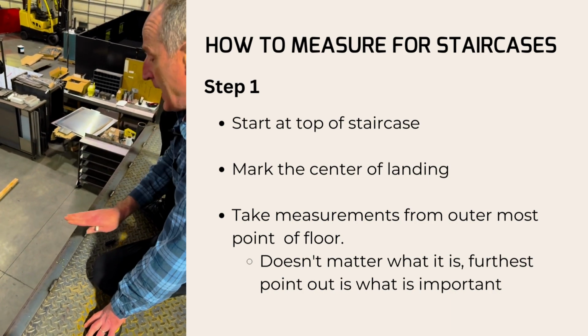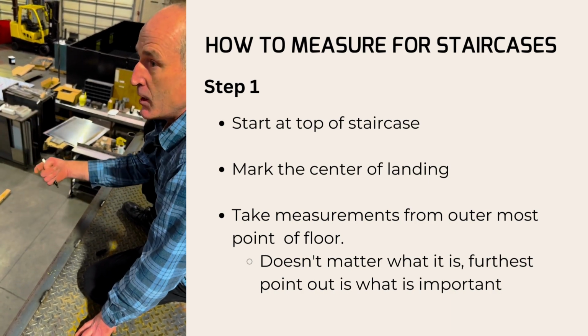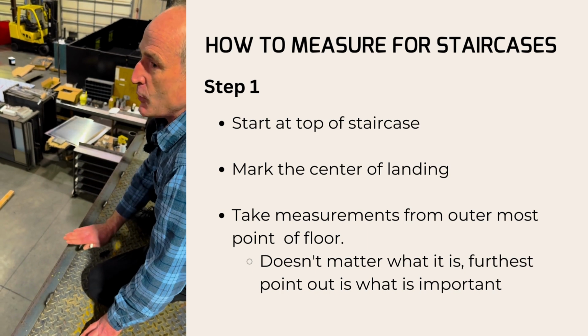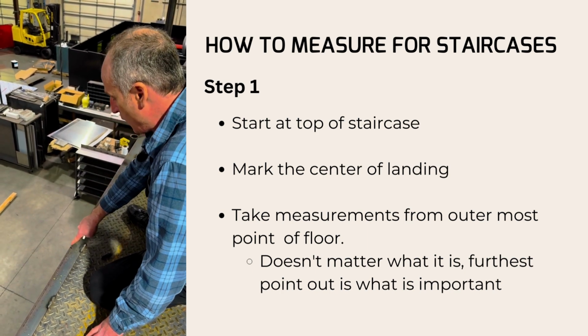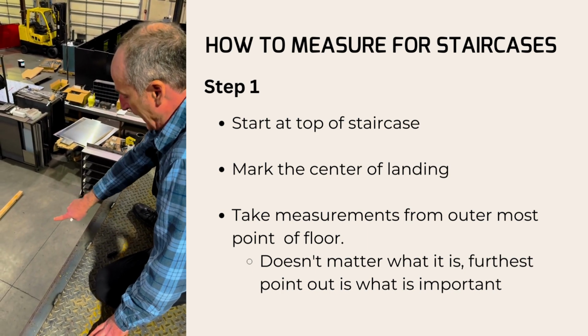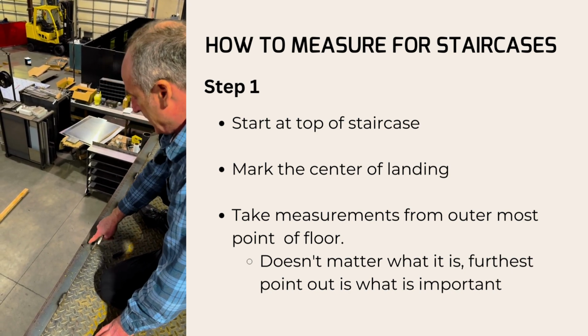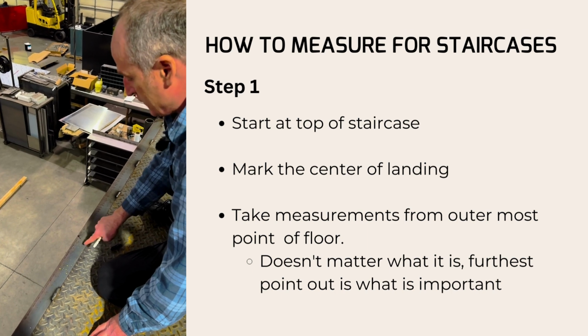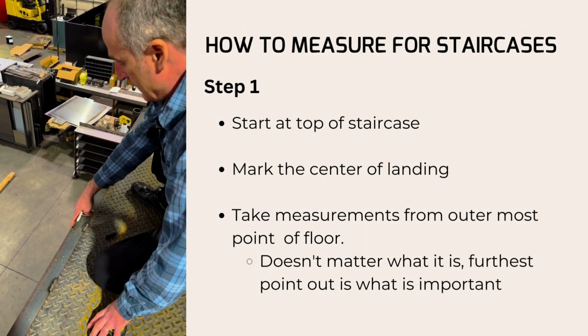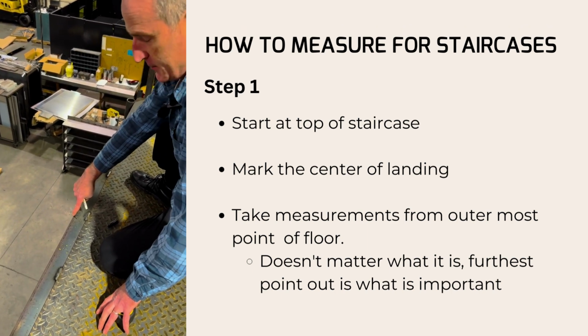So whether that's an extended nosing on your balcony, or if you have a square corner, it doesn't matter. Whatever it is, the furthest point out is what we're concerned with. So our point is going to be top of finished floor and the furthest point out, which in this case is the edge of this beam.